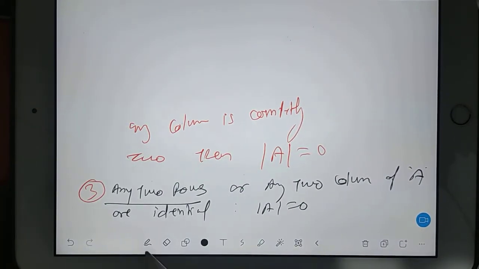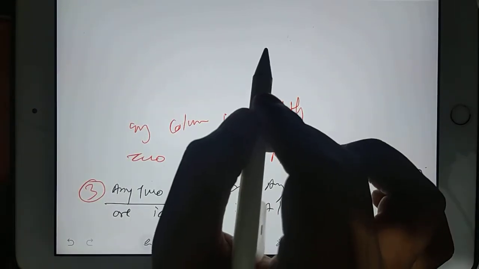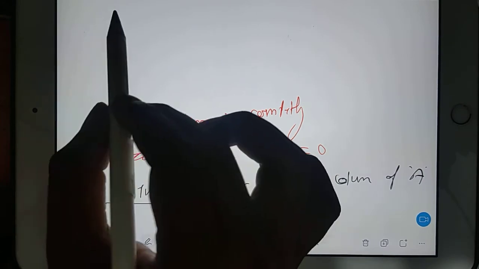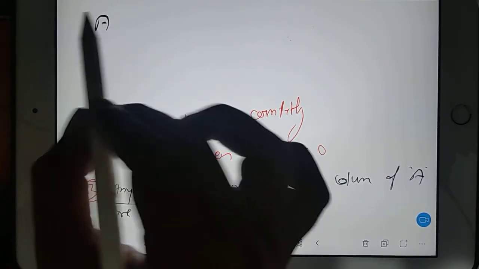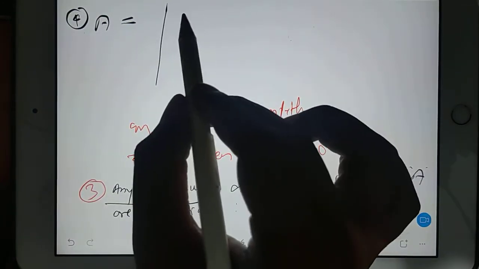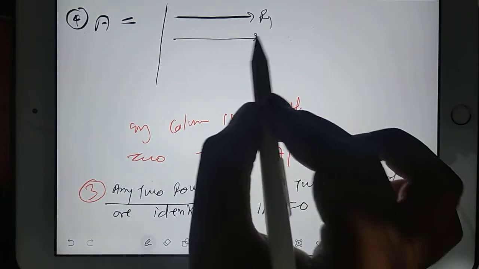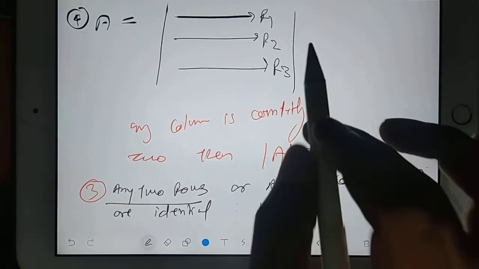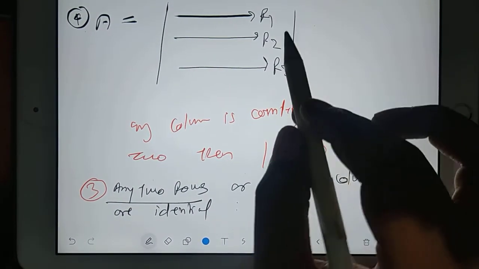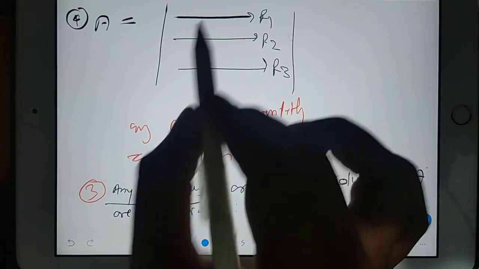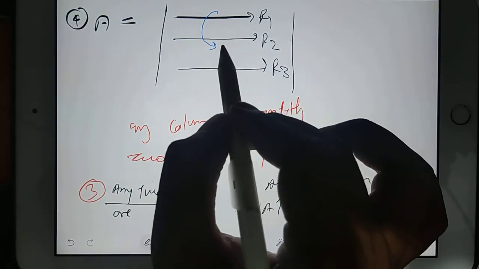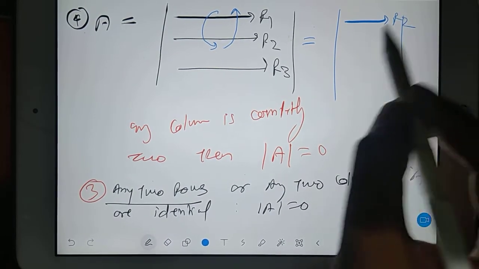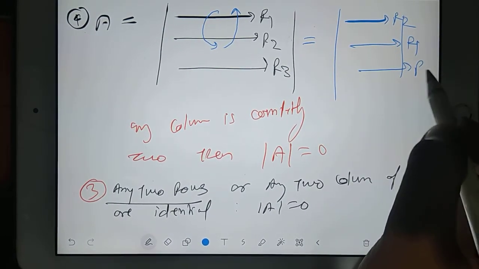Then you have one more interesting property, the fourth property. Suppose you have a matrix A with row R1, row R2, and row R3. If you interchange R1 and R2, so this one you replace here and that one here, your new matrix will have R2 first, then R1, then R3.